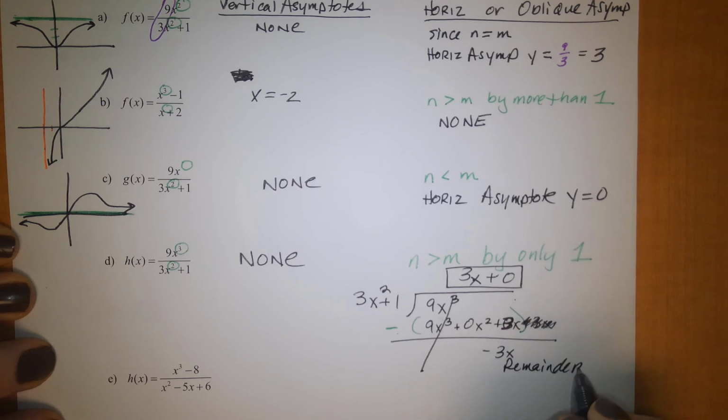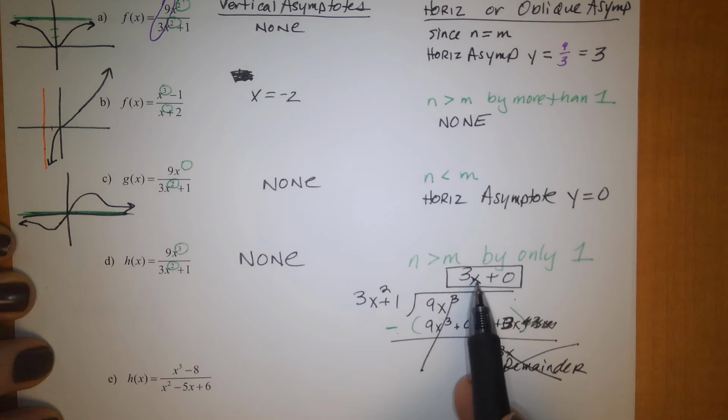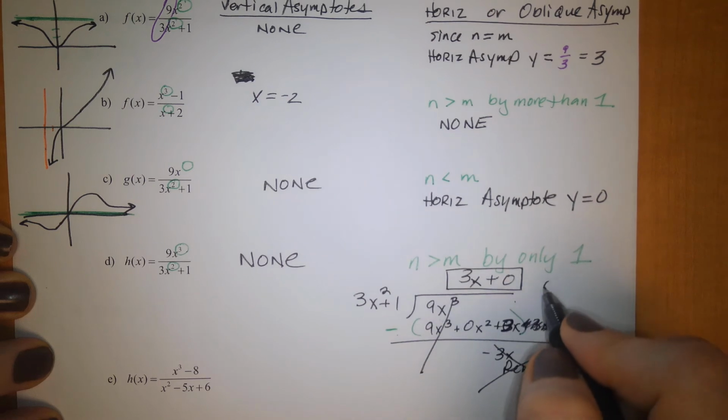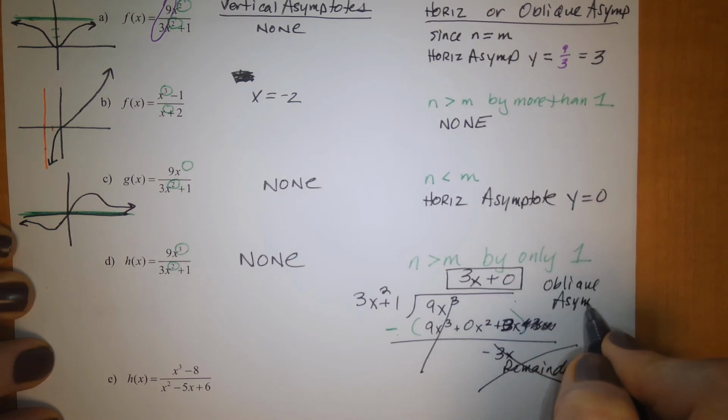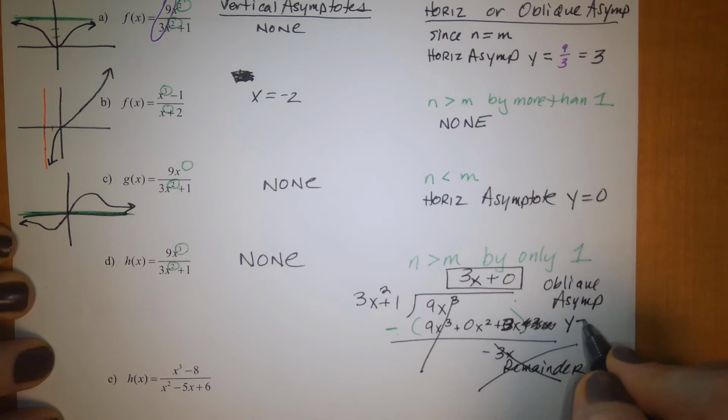Remainders are not necessary to be concerned about. All we really care about is the mx plus b form that this would turn into. So my oblique asymptote is going to be located at y equals 3x plus 0.